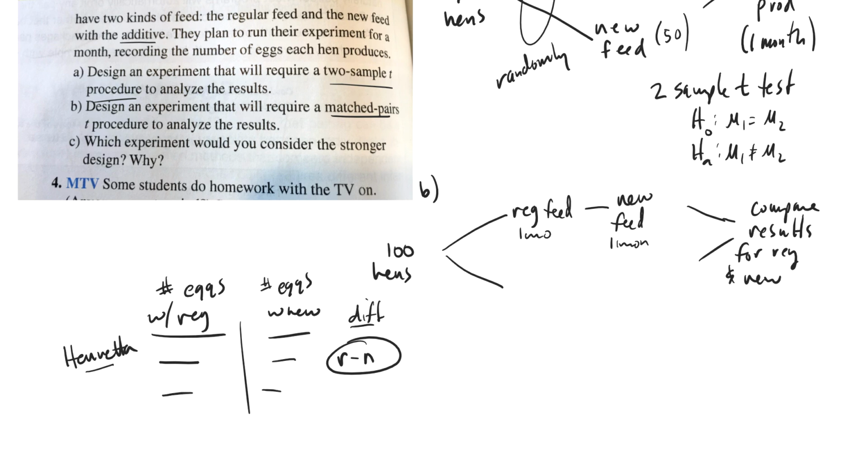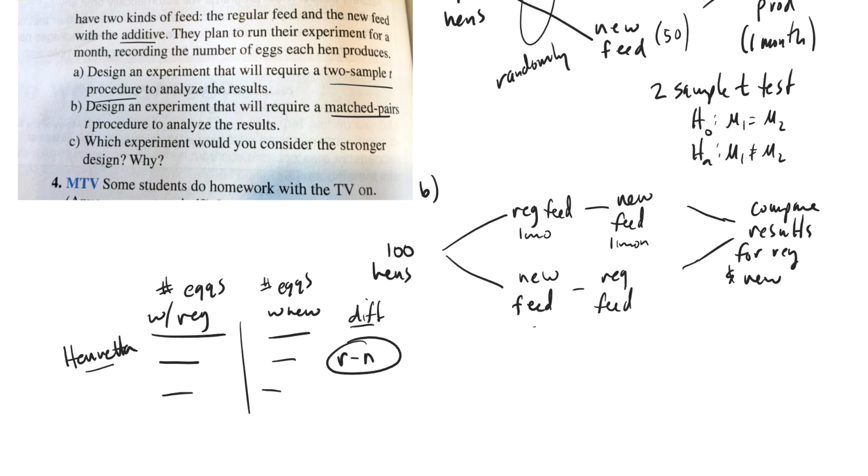Now, why did I originally say this? Do it 2 different ways, regular feed. Could taking the regular feed first and then the new be different than the new and then the regular? And the answer is yes, that could have happened.